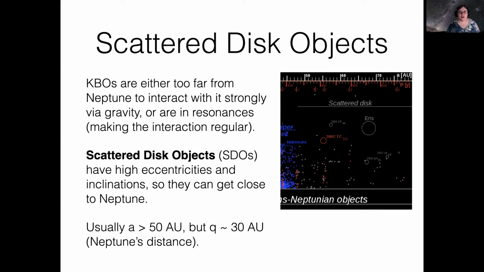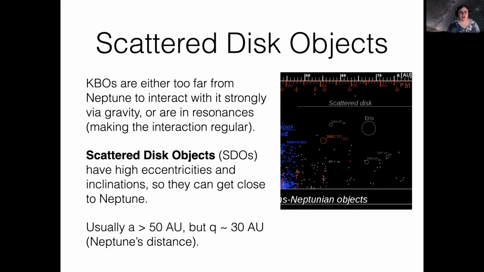Now, everything in the Kuiper belt is in a controlled relationship with Neptune. Either they never get close to Neptune, they're practicing good social distancing, or they only see Neptune at regular intervals, so their interaction is very controlled. Scattered disk objects are stuff out past Neptune that aren't in nice controlled interactions with Neptune. So they are going to get close to Neptune eventually and get pushed around.